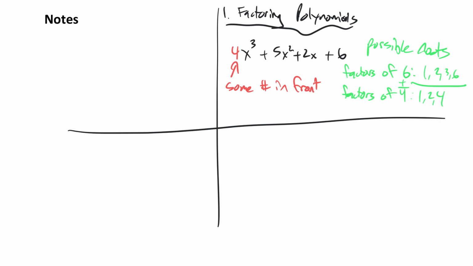So for an example here, why don't you try 2x to the 4 plus 3x cubed minus x squared plus 12x minus 36. So you want to factor that down.